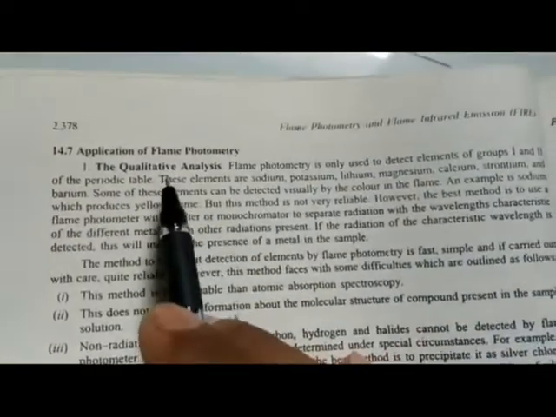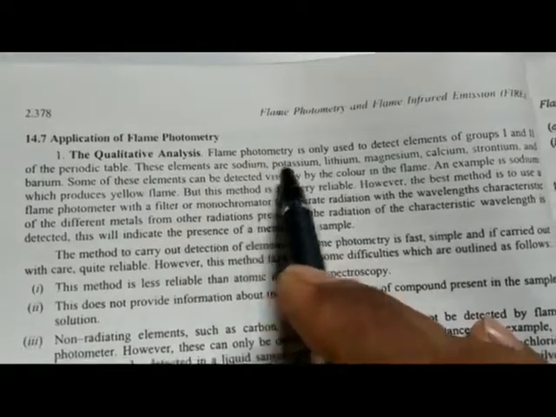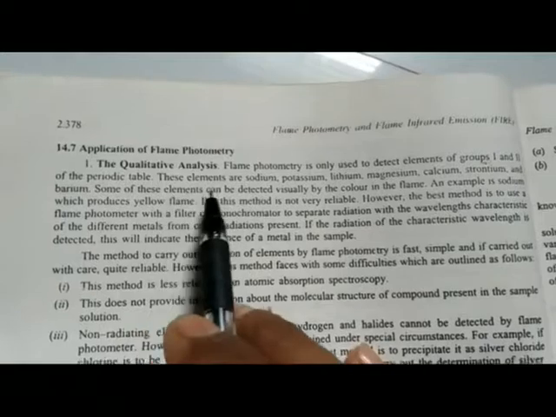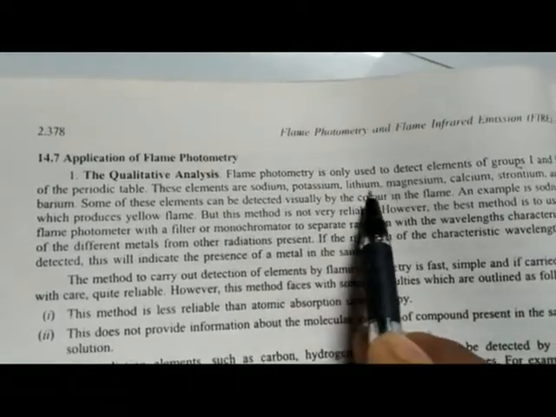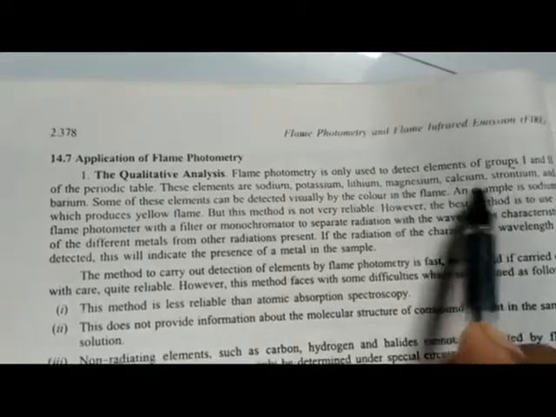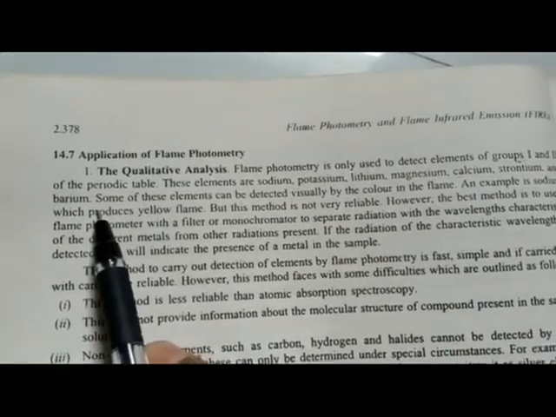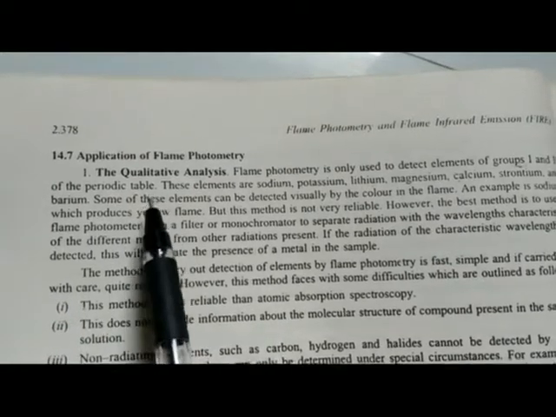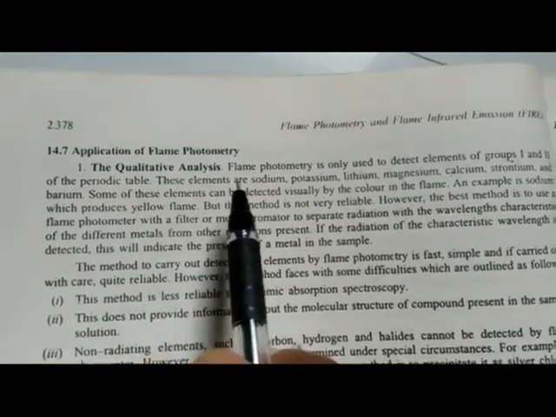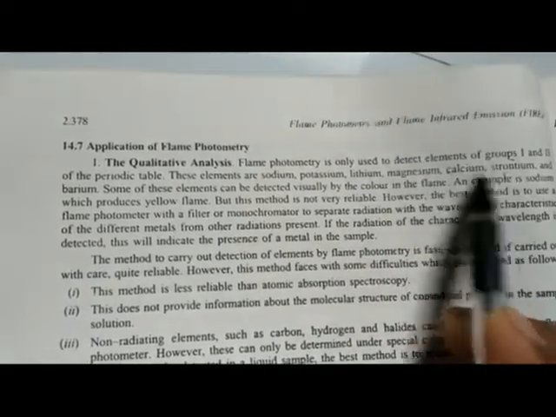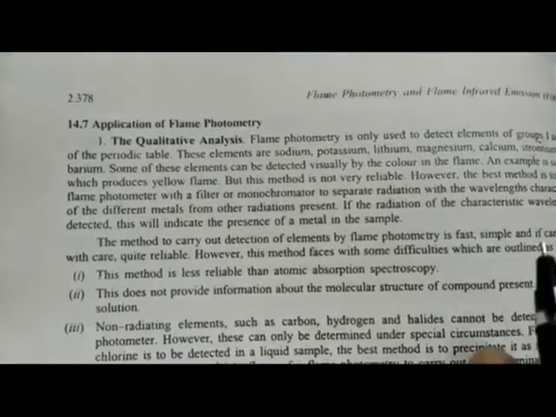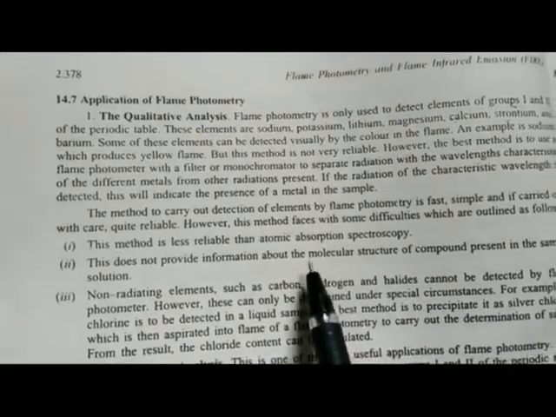In qualitative analysis, we detect the elements, generally sodium, potassium, lithium, magnesium, calcium, strontium, and barium, from the first and second groups. So this is the qualitative analysis.